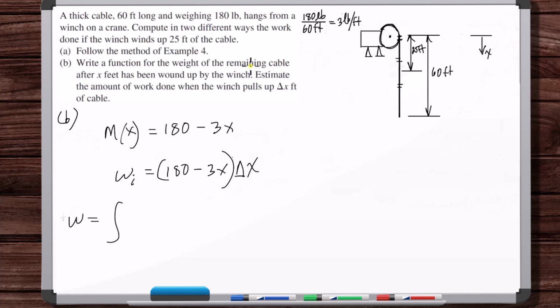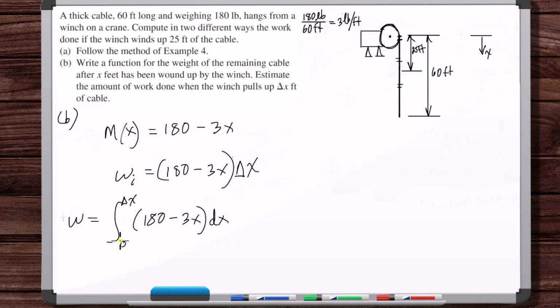Like for part A, we had to first calculate the work done for the cable below 25 feet, but it won't matter here, right? It's all accounted for in this integral. But if we want this as a function of delta x, we could do from 0 to delta x, and then 180 minus 3x dx, right?